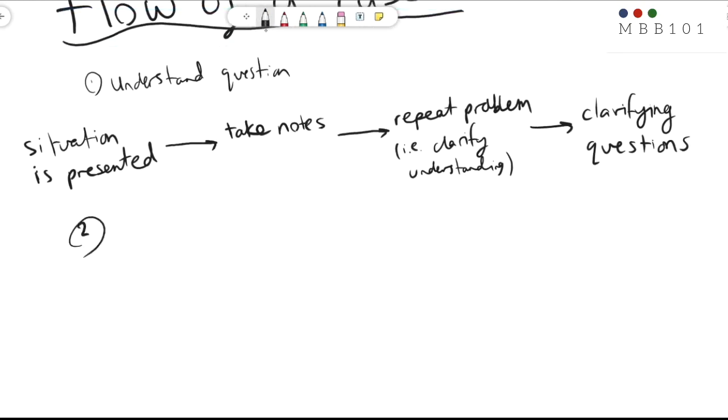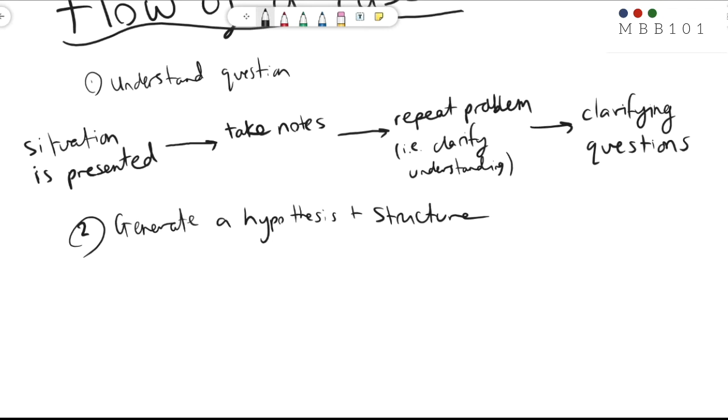The second step is generating a hypothesis and creating a structure. The reason I like to use a hypothesis is because it focuses your structure. The hypothesis goes hand in hand with your structure. Let's say the objective is to increase profitability.